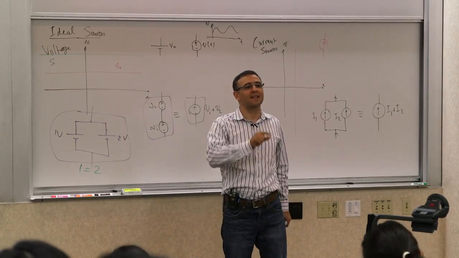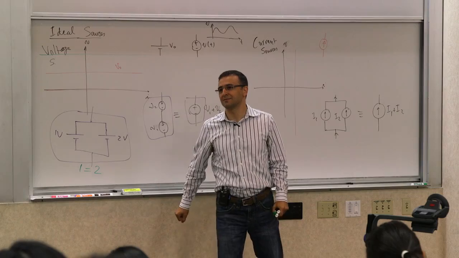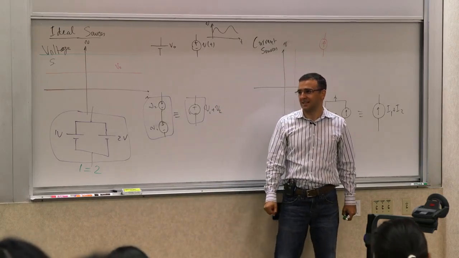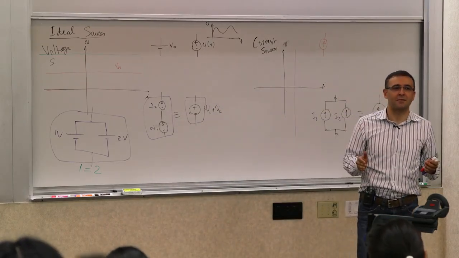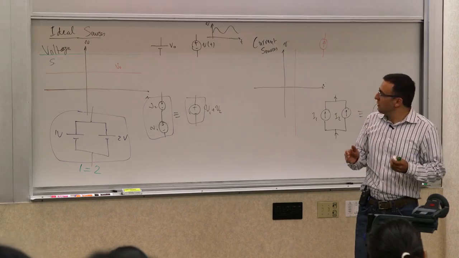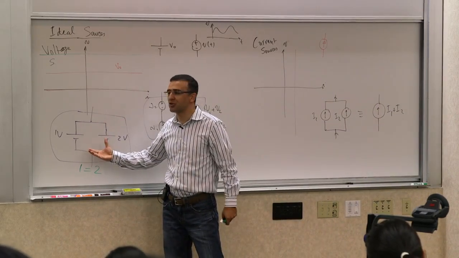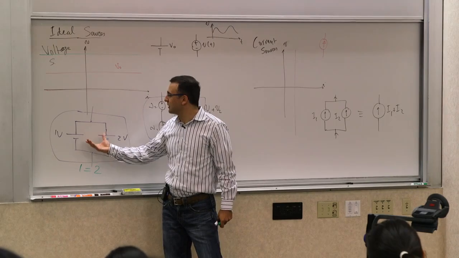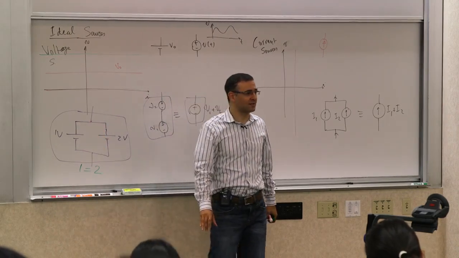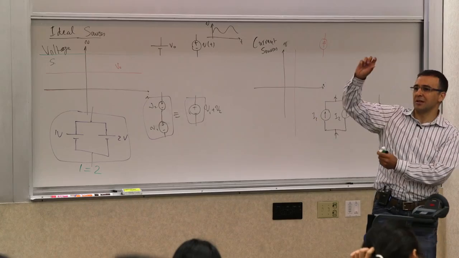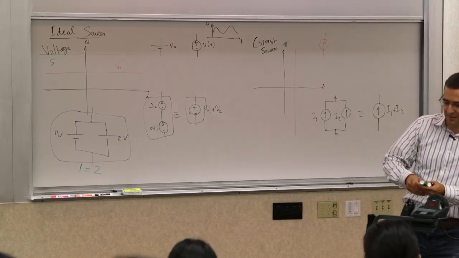This is where you need to understand the difference between physics and mathematics. That's why I've emphasized the difference between physics and mathematics. We've created a mathematical abstraction that fails to capture some of the features that are important when you actually try to do this. In other words, any battery has an internal resistance, and so there's basically some resistance.